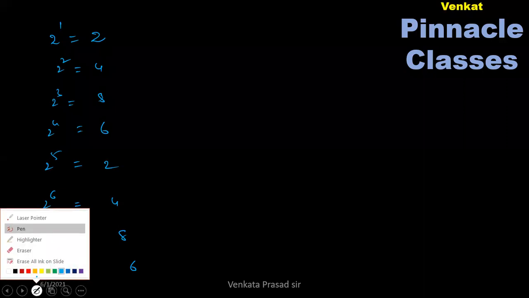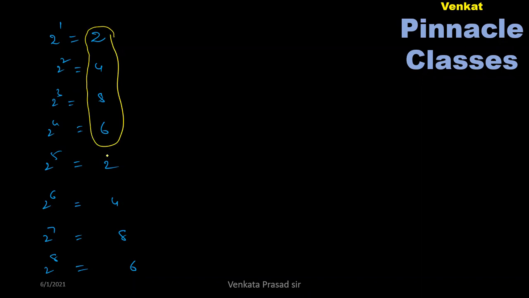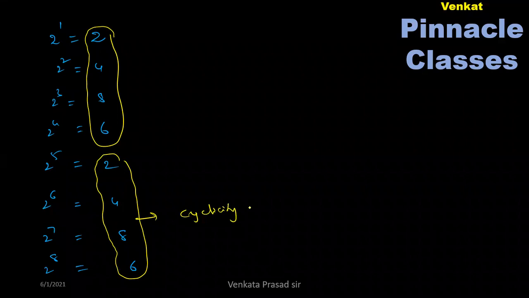What are you observing here? 2, 4, 8, 6, again repeated: 2, 4, 8, 6. This is called cycling. So the cyclicity of 2 is 4. After 4 digits, it is again repeated. That's the meaning.